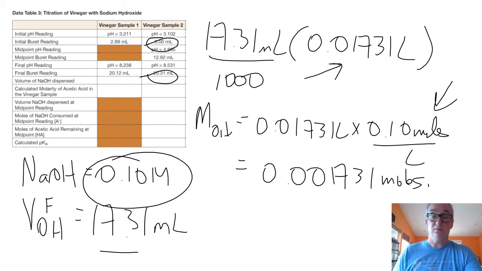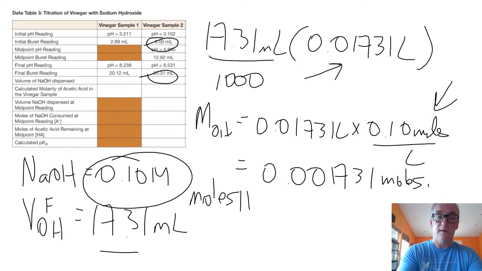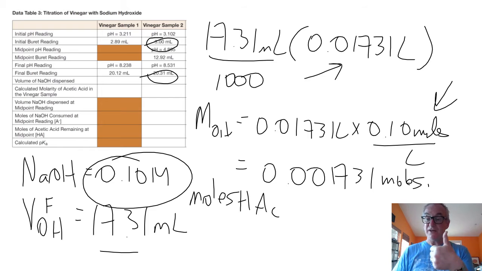That also happens to be the number of moles of acetic acid at the beginning, right? Because we're titrating moles of acetic acid versus moles of base. And we get to the equivalence point when the moles of acid equal the moles of base.